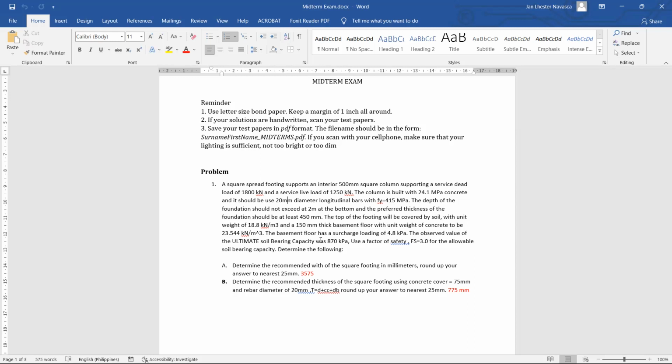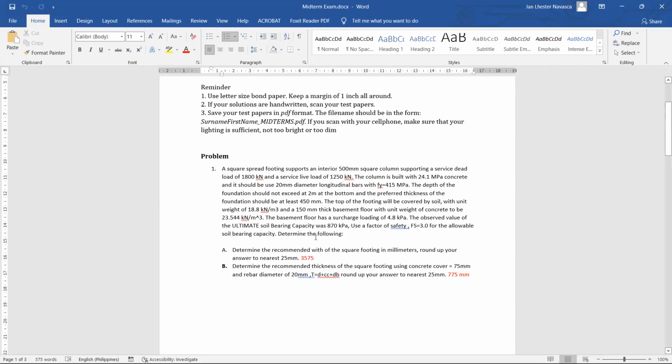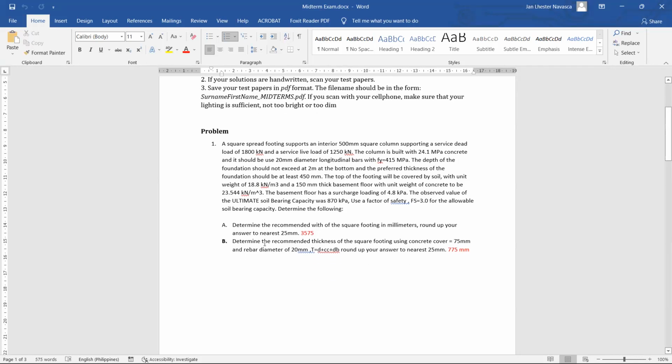Using a factor of safety of 3.0 for the allowable soil bearing capacity. Number 1, determine the recommended width of the square footing in millimeters, and round up your answer to the nearest 25 millimeters.